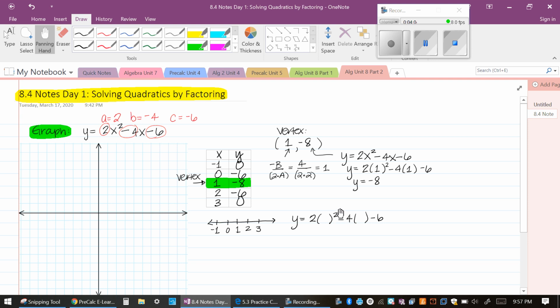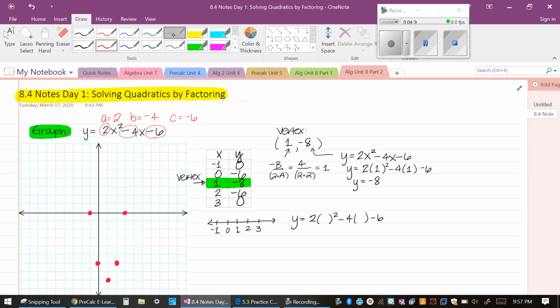Once we have our table, we can make a quick sketch of the graph. Now I know you guys might not have graph paper, so you can just do a quick sketch and plot the points. So -1, 0, 0, -6, 1, -8, 2, -6, and 3, 0.